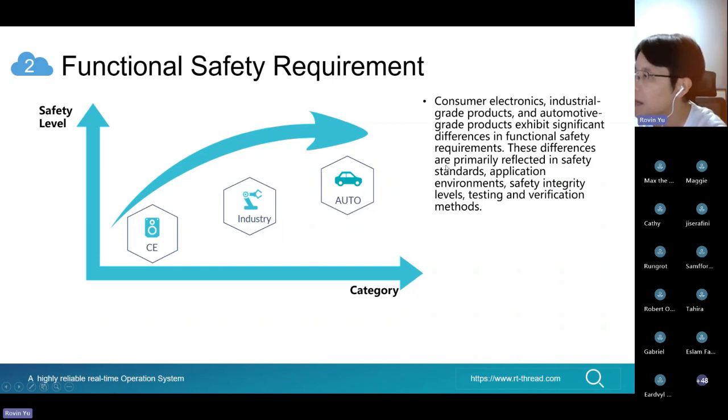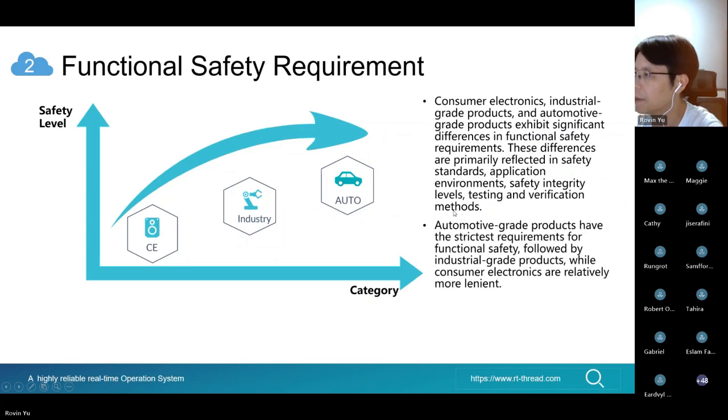These differences are primarily reflected in functional safety standards, application environments, safety integrity levels, testing, and verification methods. Frankly, automotive-grade products have rigid requirements for functional safety, followed by industry-grade products, while consumer electronics are relatively more lenient.